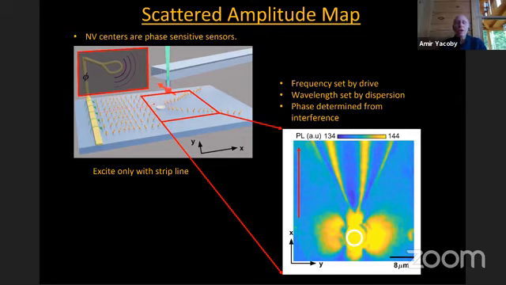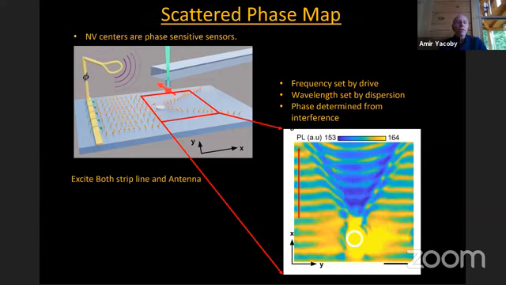This we call an amplitude image. We can now do a second experiment where we turn on the reference antenna, where in addition to the interference of the incoming and scattered magnons, we also have our reference phase that allows us to see the phase of the wavefronts. This is our phase image, and we're going to use these 2 images to try and reconstruct the properties of the target.